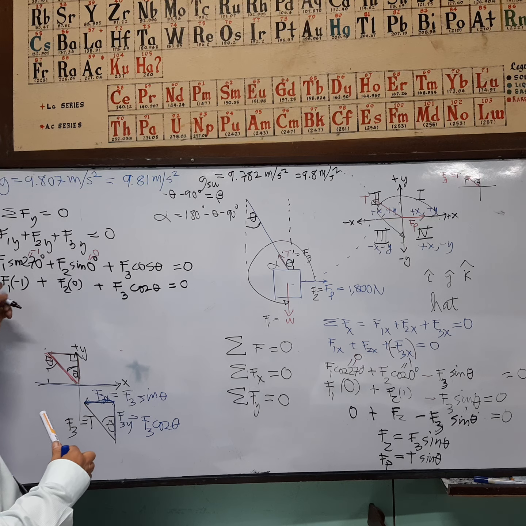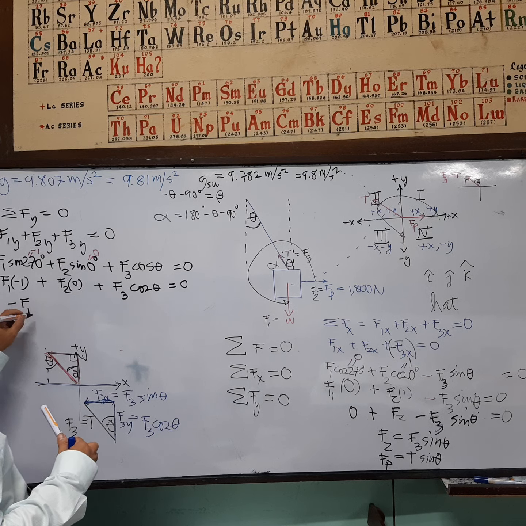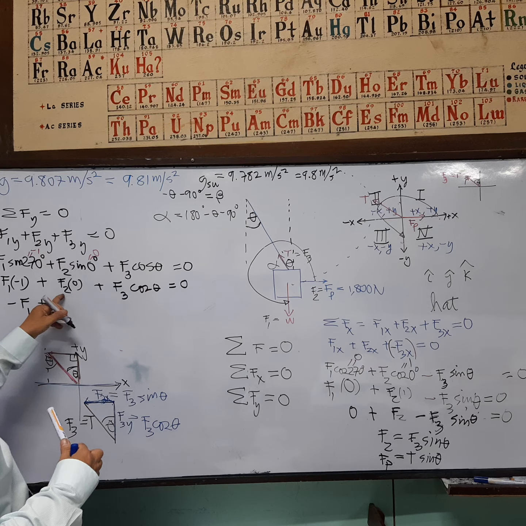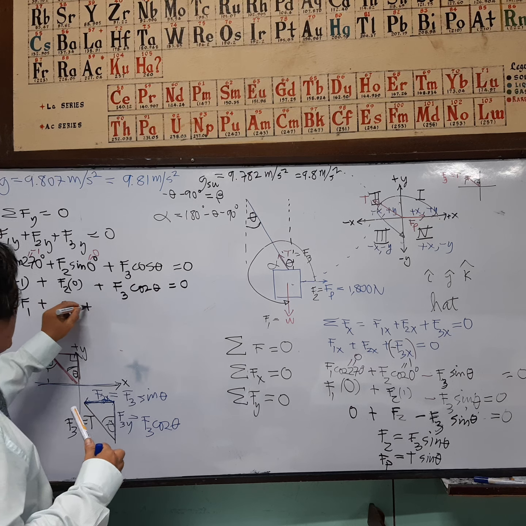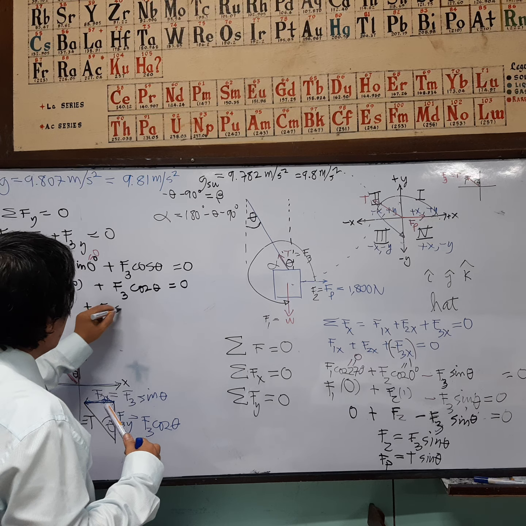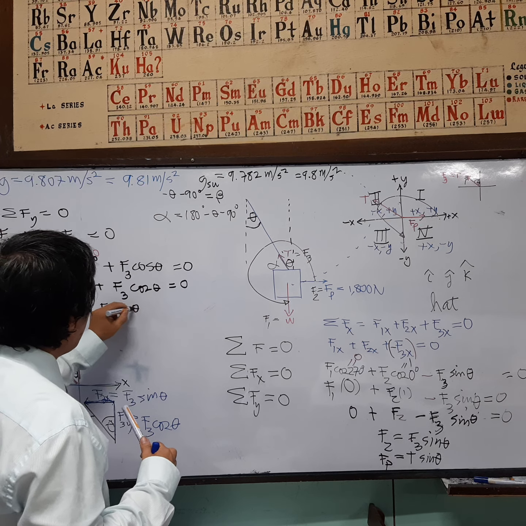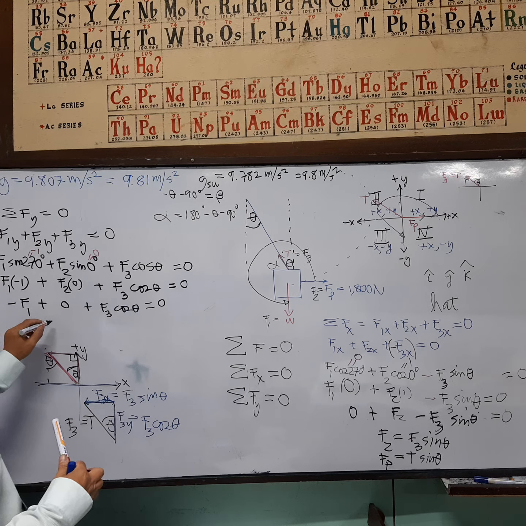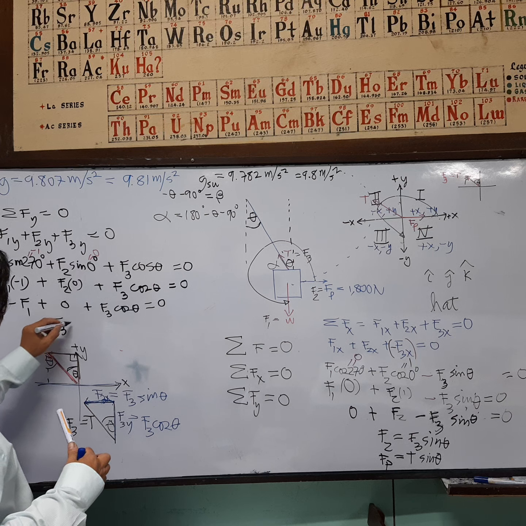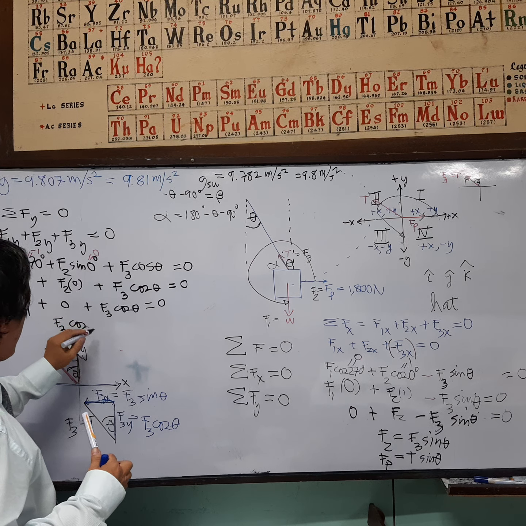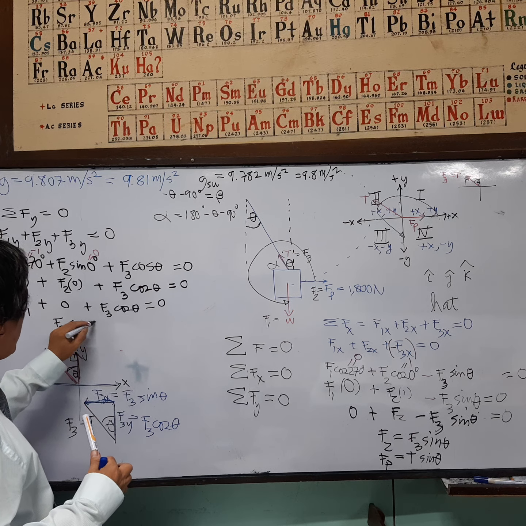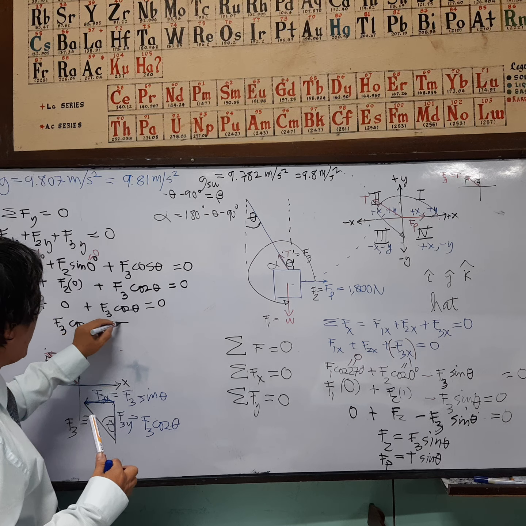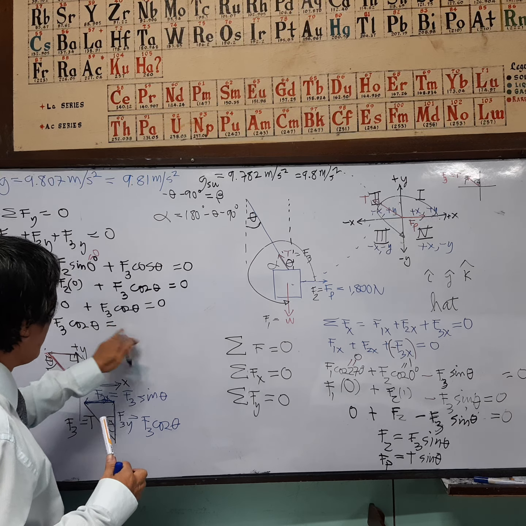So F1 times negative 1 is negative F1, plus F2 times 0 is 0, plus F3 cosine theta equals 0. Therefore F3 cosine theta equals positive F1.